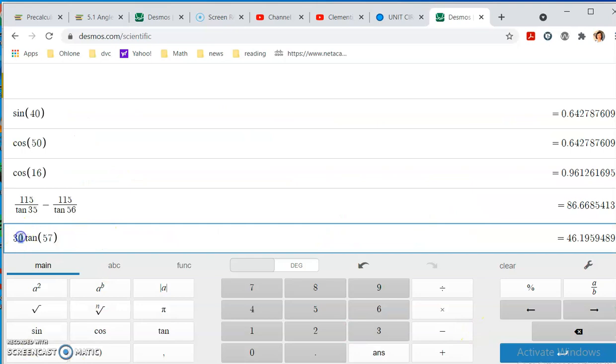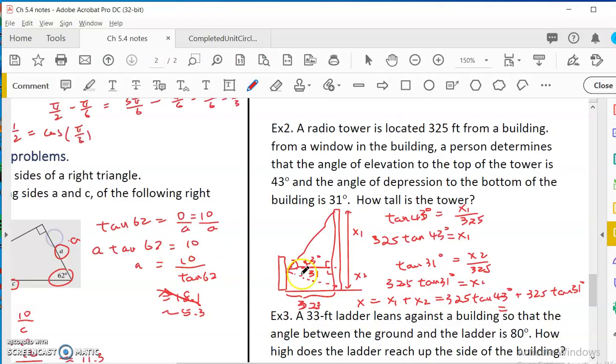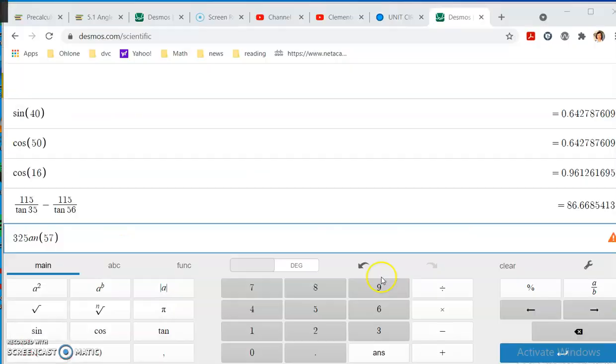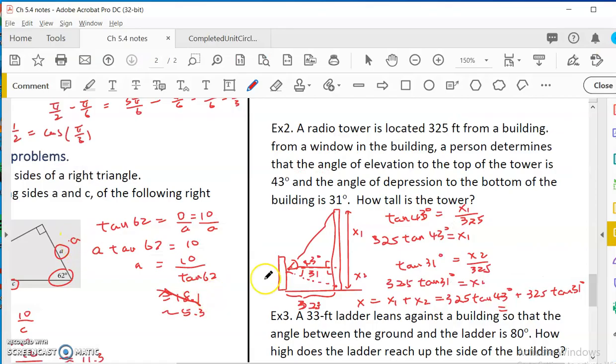So I've got to write the answer here. Let's use this. Just rewrite this: 325 tangent of, I don't remember, 31 and 43. So 43 first, plus 325 tangent of 31.